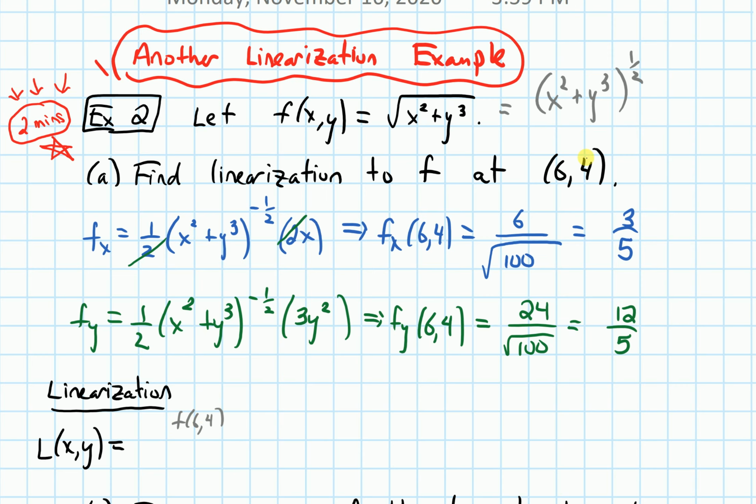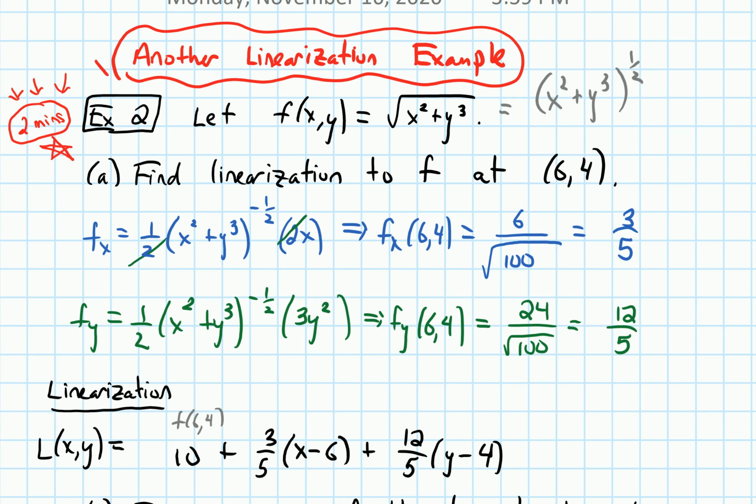If you plug 6 comma 4 into this function, you'll get the square root of 100, which is 10. And then plus, now we do the x partial derivative, 3 over 5, times x minus the known x coordinate, which is 6. And then plus the y partial derivative, which is 12 over 5, times the change in y, which is y minus the known y coordinate, 4.